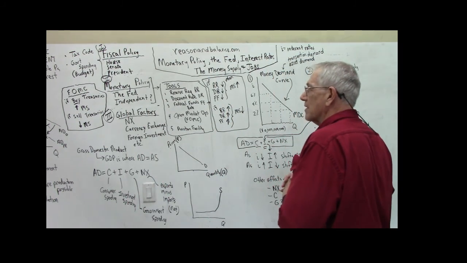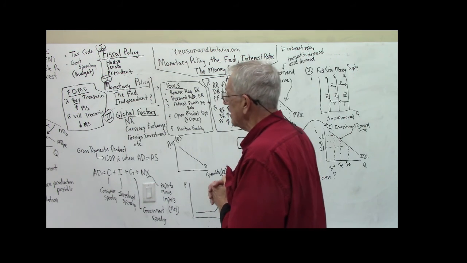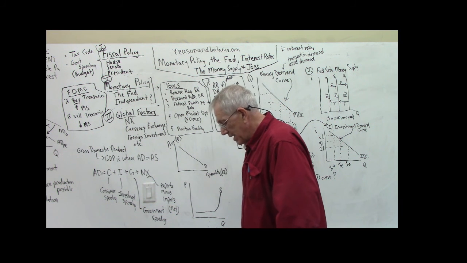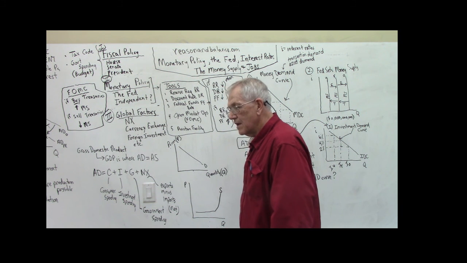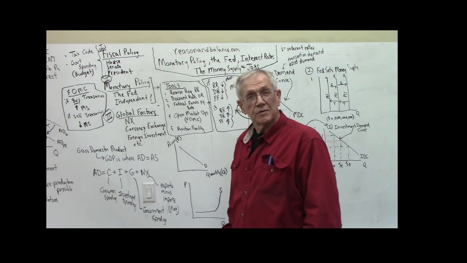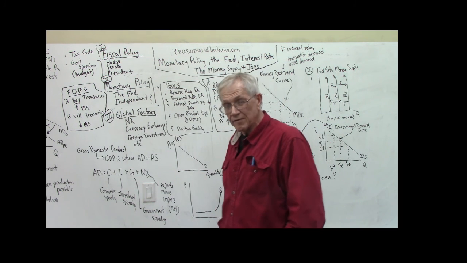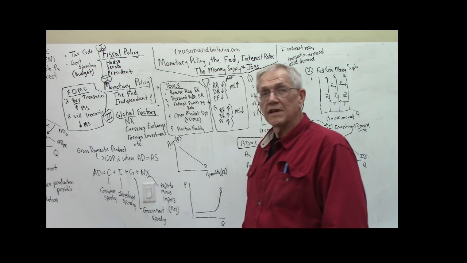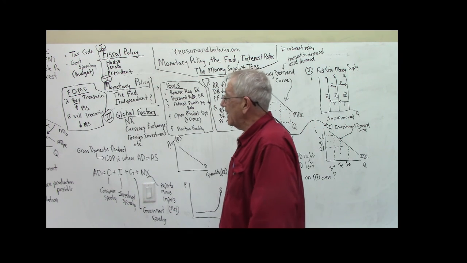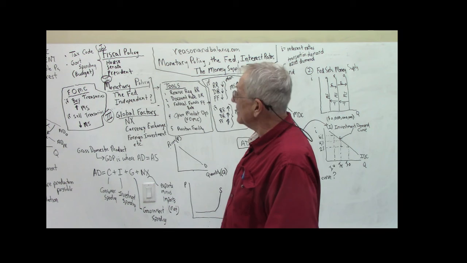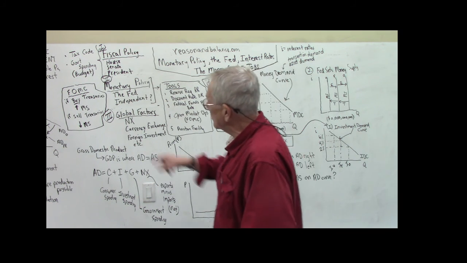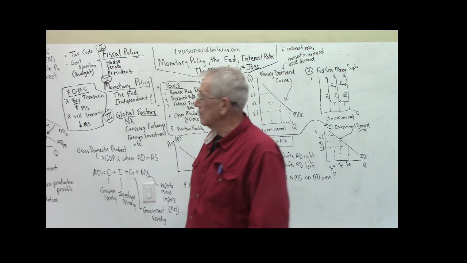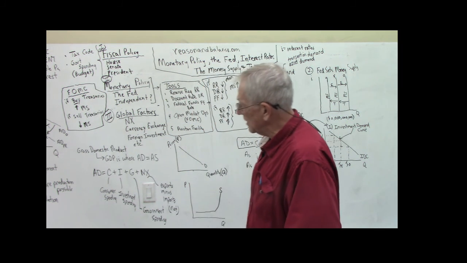If the Federal Open Market Committee decides that they're going to buy U.S. Treasuries, that's bonds, notes, and Treasury bills issued by the federal government, Uncle Sam, and it goes out and buys those in the open market, that has a tendency to increase the money supply. So if the Fed buys U.S. government Treasuries, that increases the money supply.